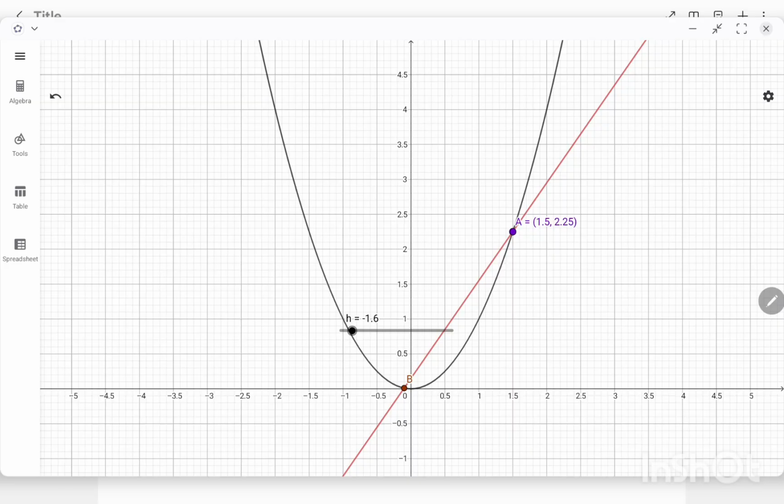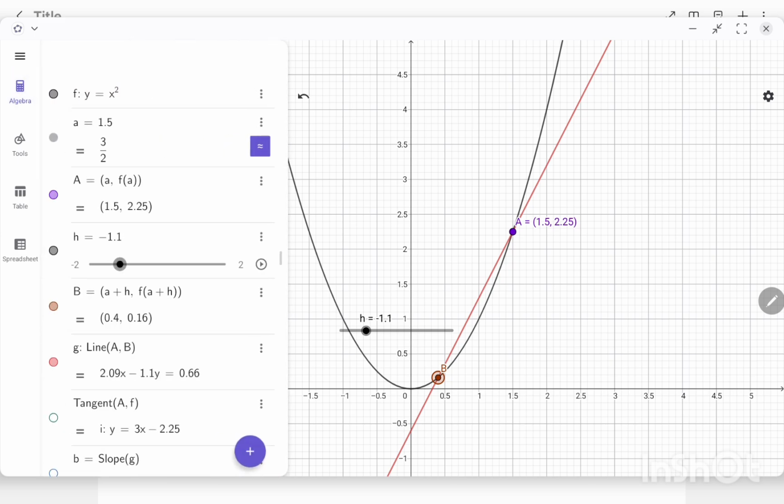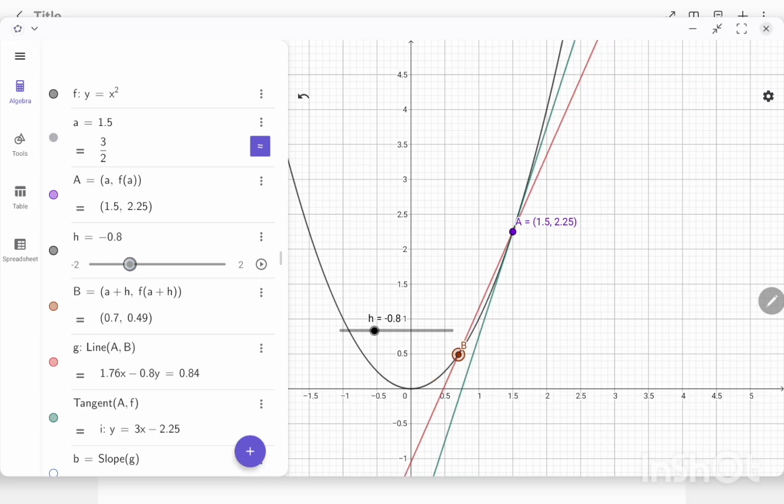Now let us check what is happening to the red line, that is the secant. The line joining A and B is a secant. In order to move point B, we are actually moving the h value, because B is a dependent point.